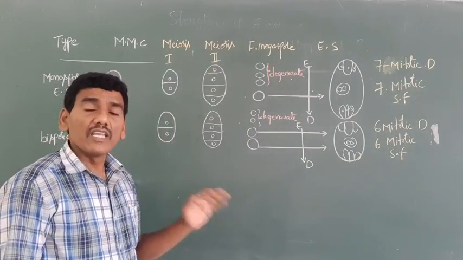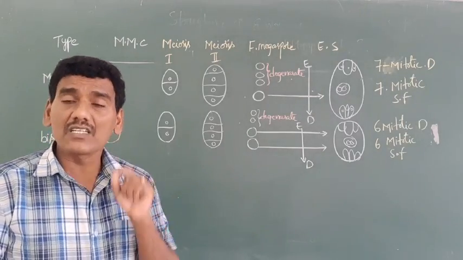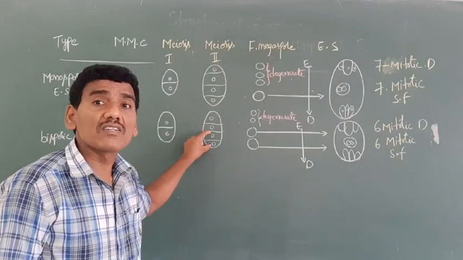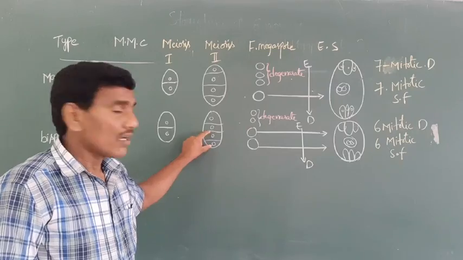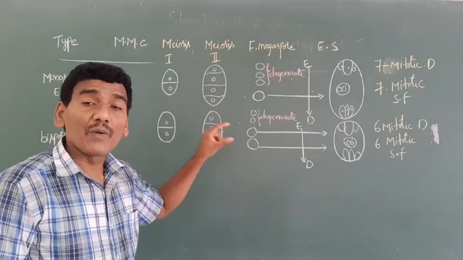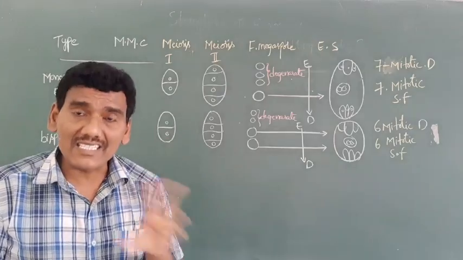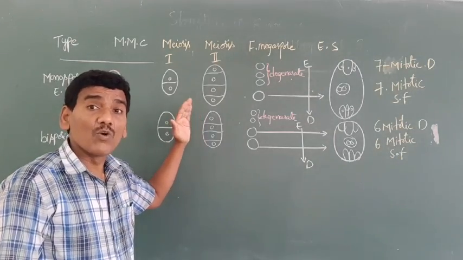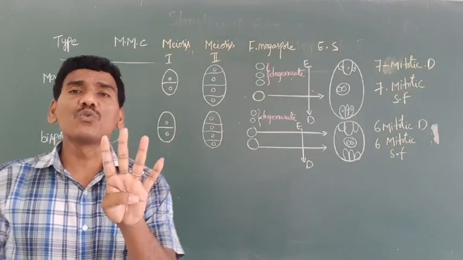In the bisporic type, the embryo sac is formed from only 2 functional megaspore nuclei. Totally how many megaspore nuclei are formed? 4 megaspore nuclei.